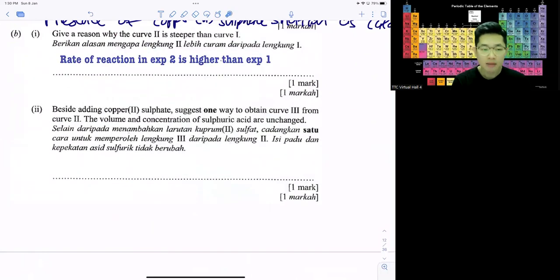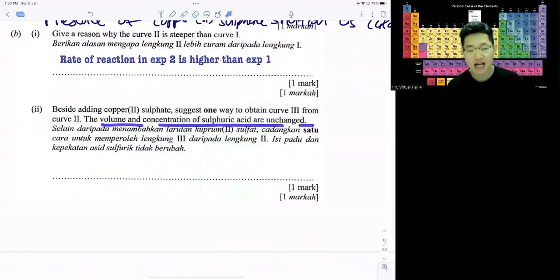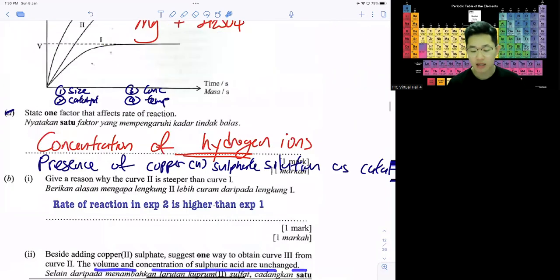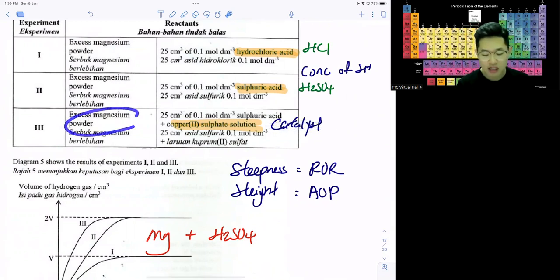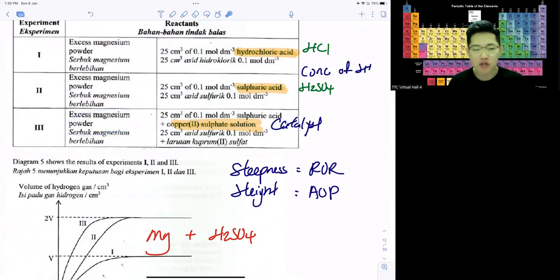Okay, then beside adding copper 2 sulfate, suggest another way to obtain curve 3 from curve 2. If the volume and concentration of sulfuric acid are unchanged, 你看，他讲他要像 catalyst 这样子去提高它的 rate of reaction. They want to increase the rate of reaction, but without using catalyst. So what are the other factors they can use? You can see the solid is already in powder form, 已经是粉状了，so there's no way we can make it smaller already.